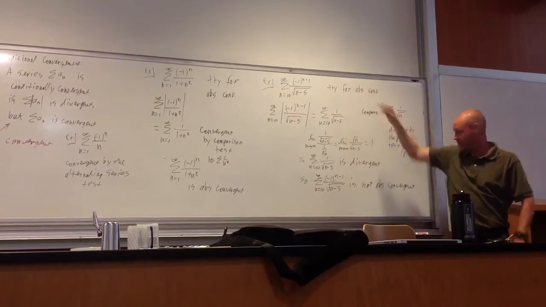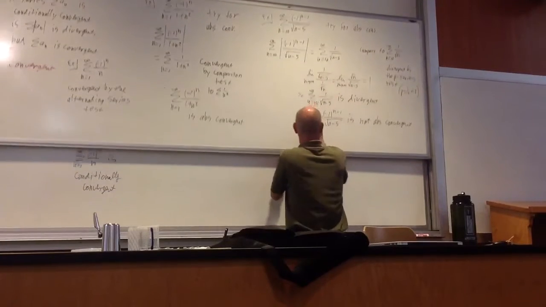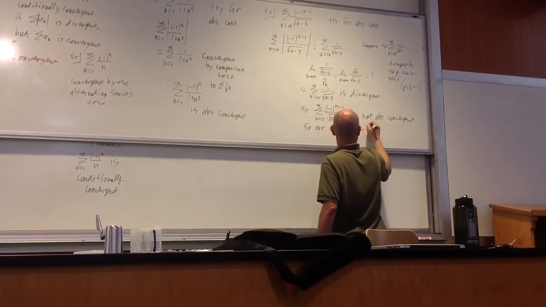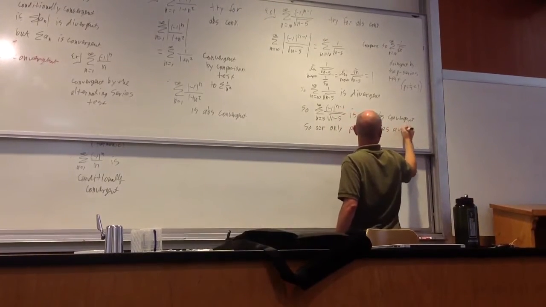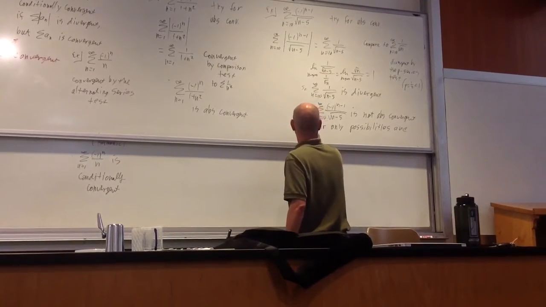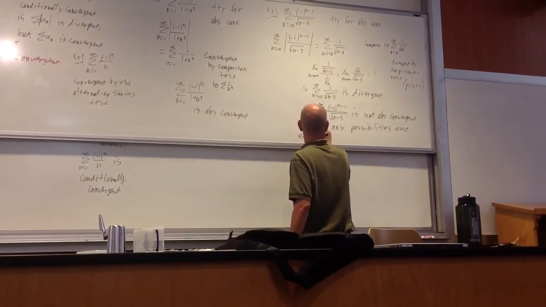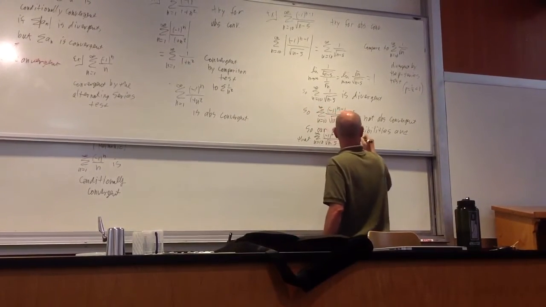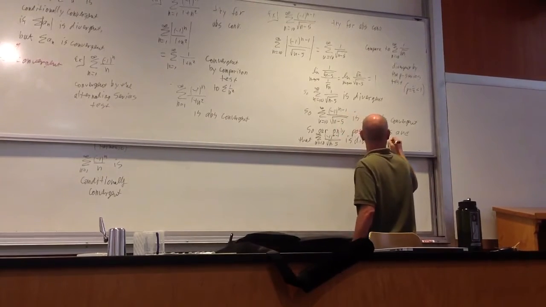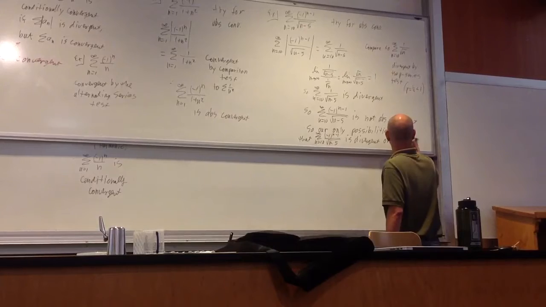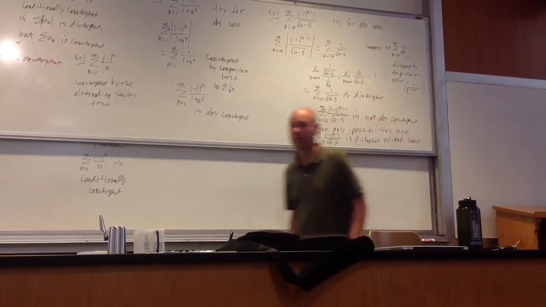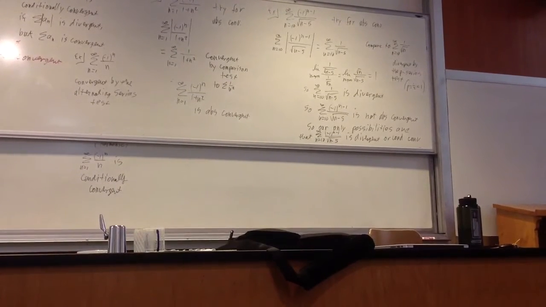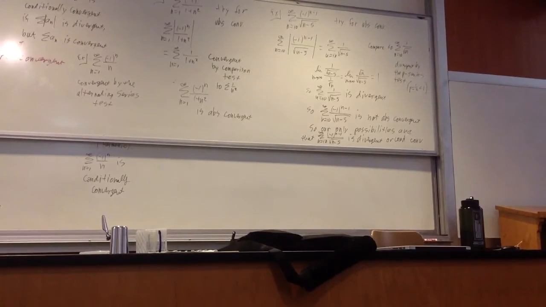So what we're going to have to do now, so our options are, the only options for the original are that it's divergent or conditionally convergent. Which means we got to run another test.